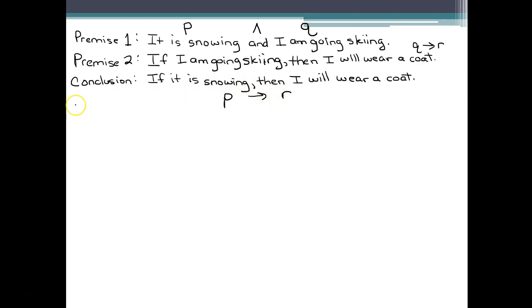Okay, so in our case, P is it is snowing. Q is I am going skiing. And R is I will wear a coat.